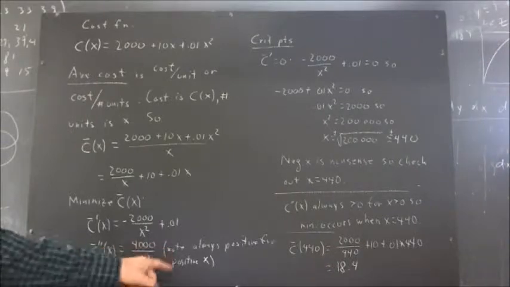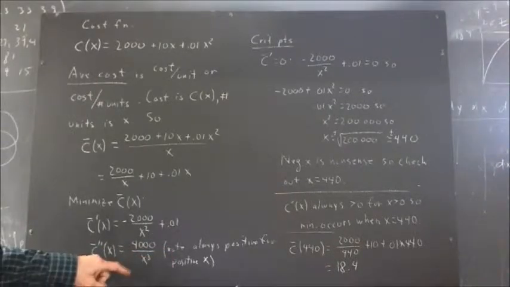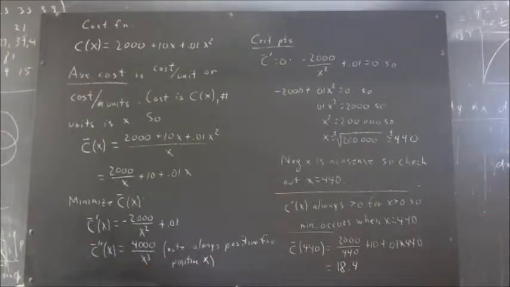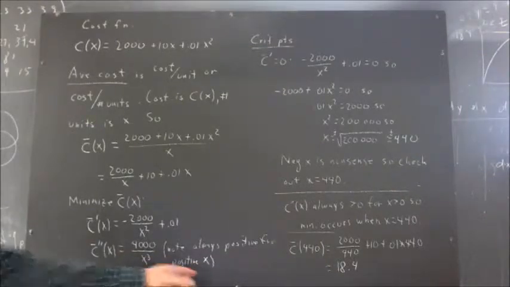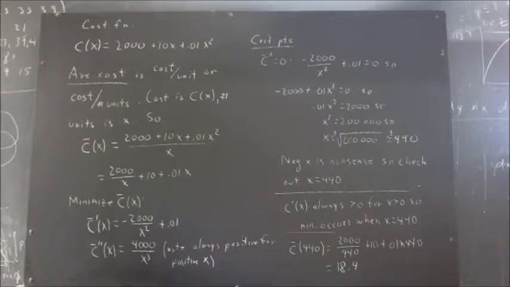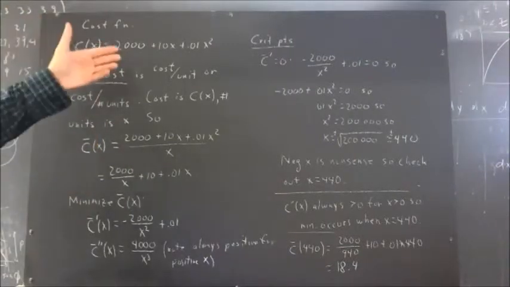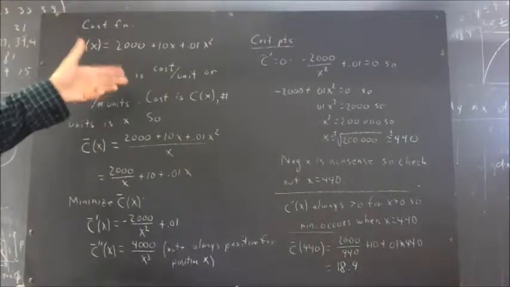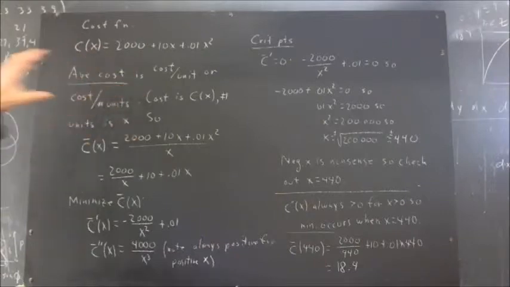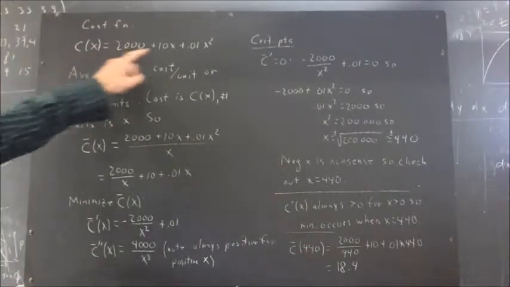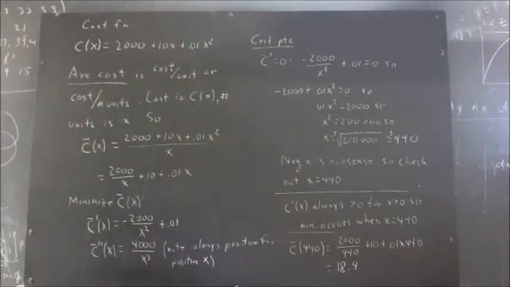And we note already that this is always positive as long as x is positive. Now, of course, it's negative if x is negative, but you're not going to have a negative number of products. You can't produce a negative number of products. So the number you produce is always going to be 0 or positive, never negative.